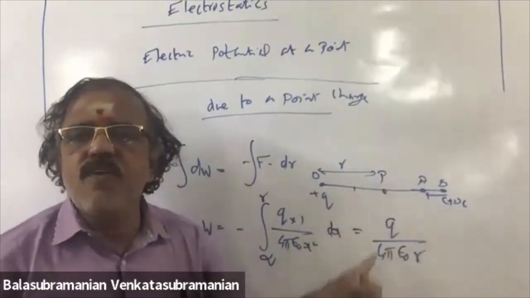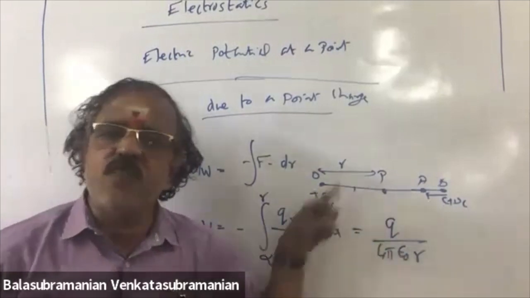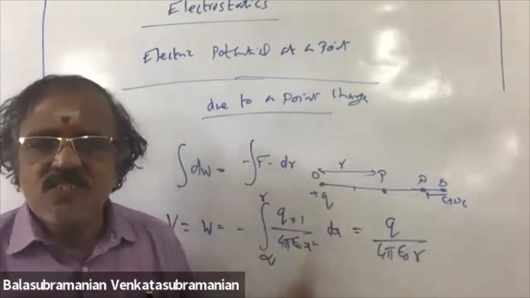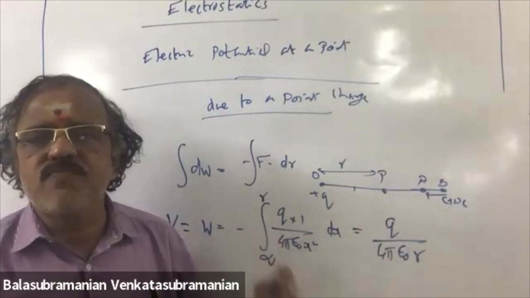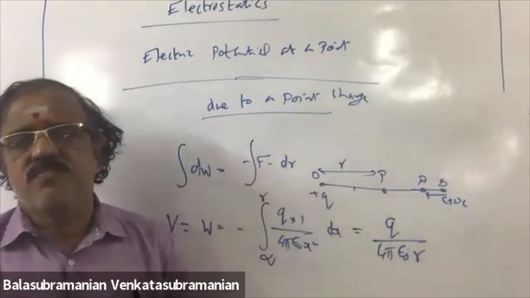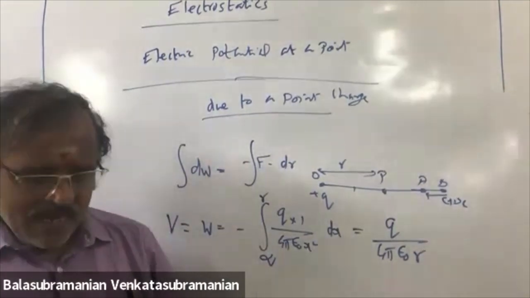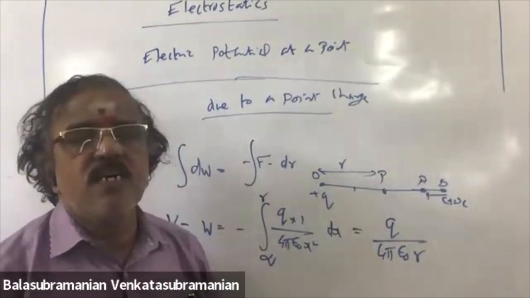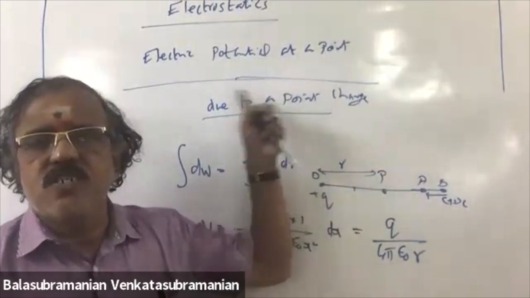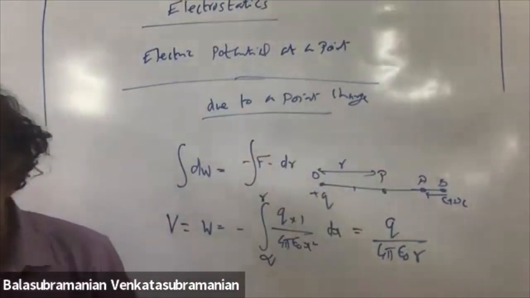Q naught by 4 pi epsilon naught R square means force. This is Q by 4 pi epsilon naught R. Correct. So this is electric potential at a point due to a point charge. Simple.